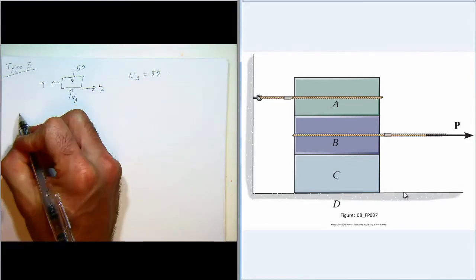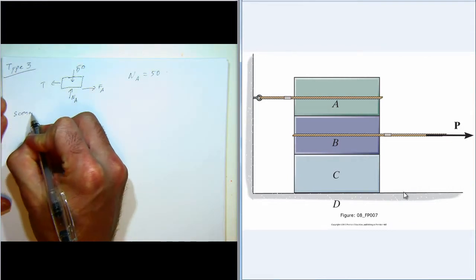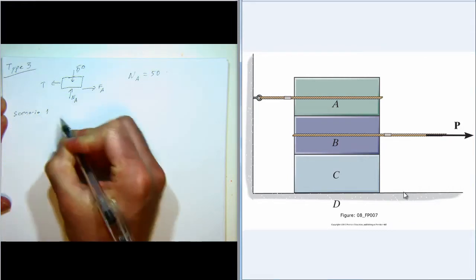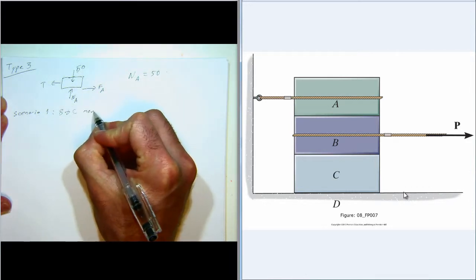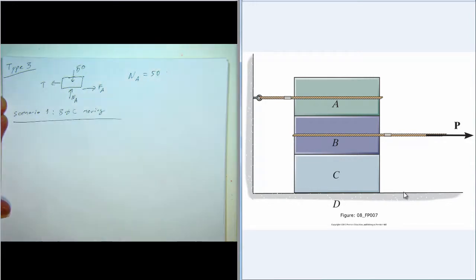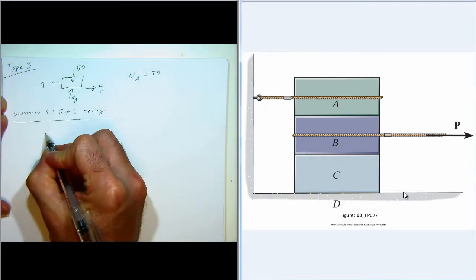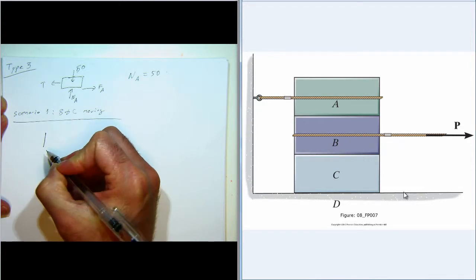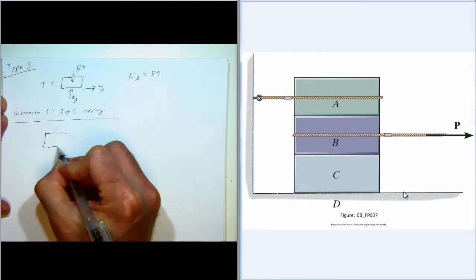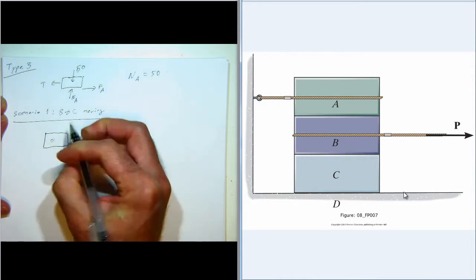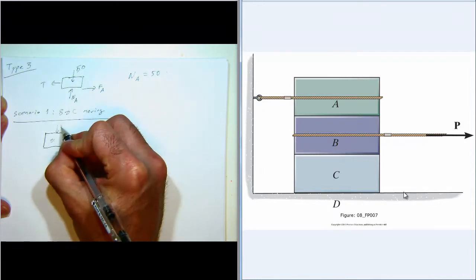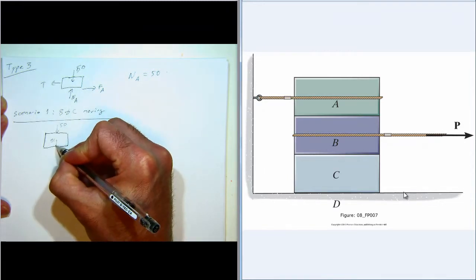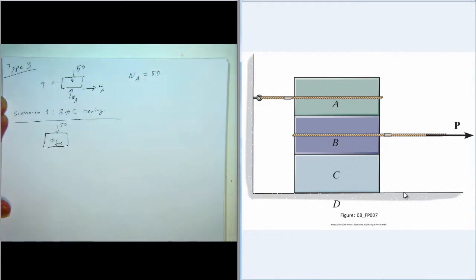So here's scenario 1. This is where B and C are both moving. So here's the free body diagram of BC. We've got the normal force NA, and that's 50 newtons, and we've got the weight of BC, and that's 40 newtons, because B is 25 and C is 15.